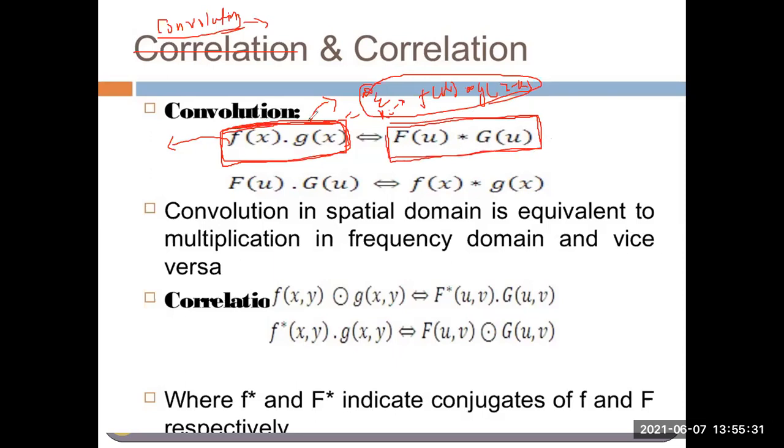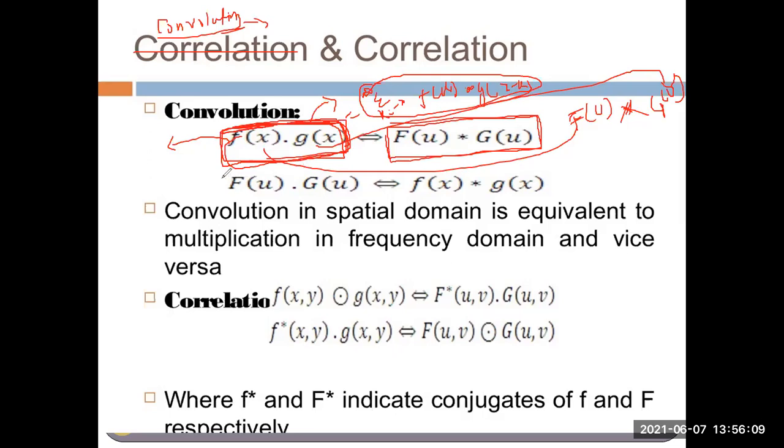Now if capital F of u represents the Fourier transformation of f of x, and capital G of u represents the Fourier transformation of g of x, then if you find the multiplication of these two, whatever result it gives will be equivalent to the convolution in the spatial domain. Fine. Similarly, the reverse is also true.